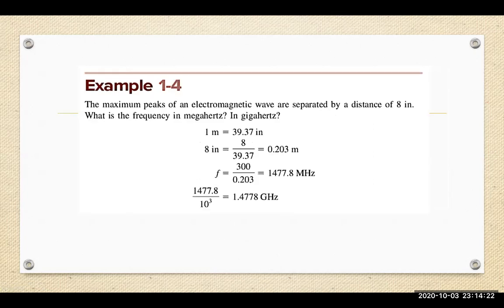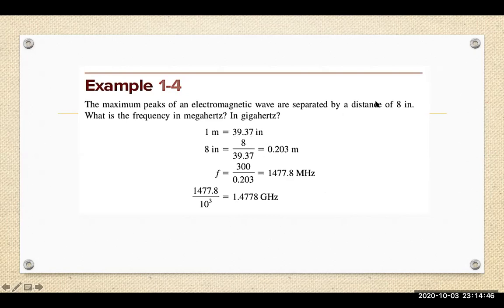The maximum peaks of an electromagnetic wave are separated by a distance of 8 inches. What is the frequency in megahertz and in gigahertz? So we are to express the frequency in megahertz and in gigahertz units. Now, we know that 1 meter is equal to 39.37 inches.